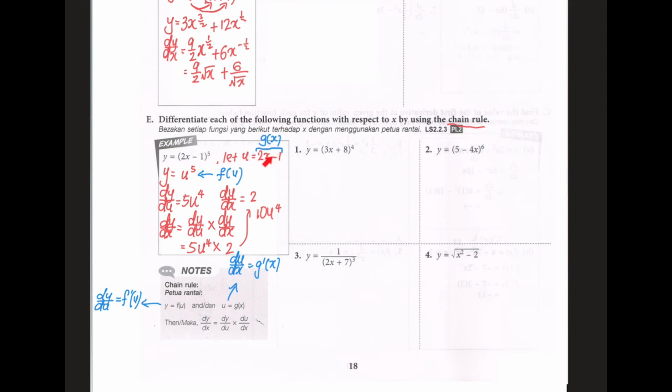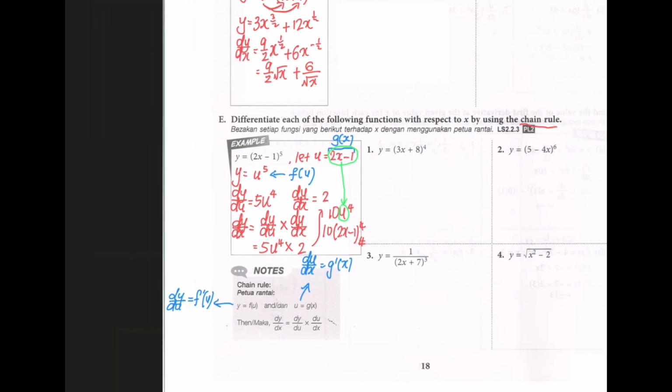So you replace the u with 2x minus 1. This 2x minus 1, you put into u. Then you will get 10(2x minus 1) power 4, and finish. So this is the chain rule.